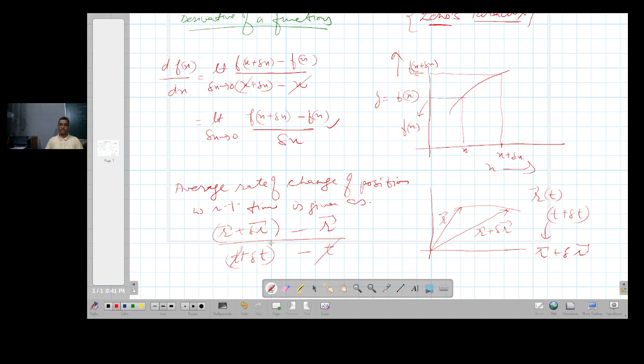So this r cancels with it, and it can be written as delta r over delta t.